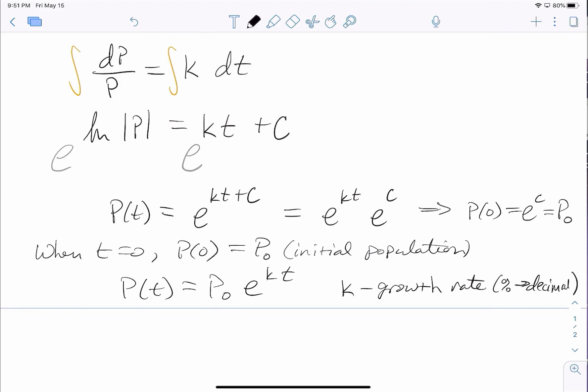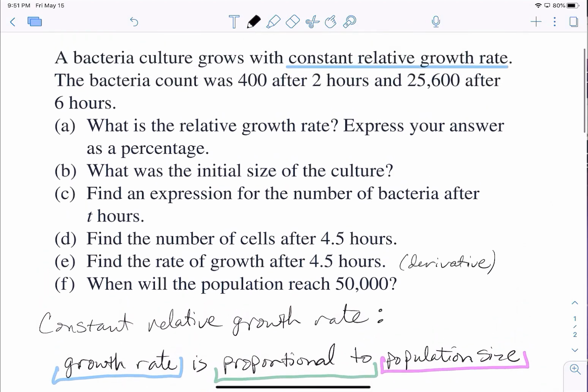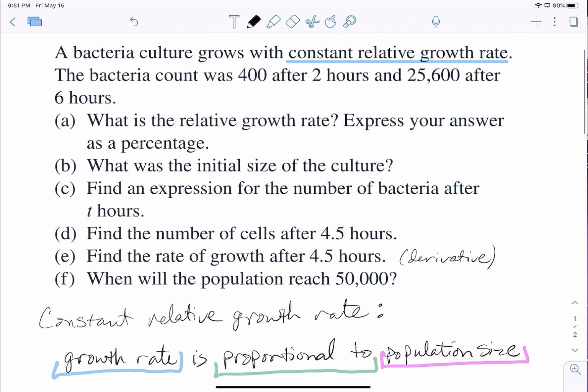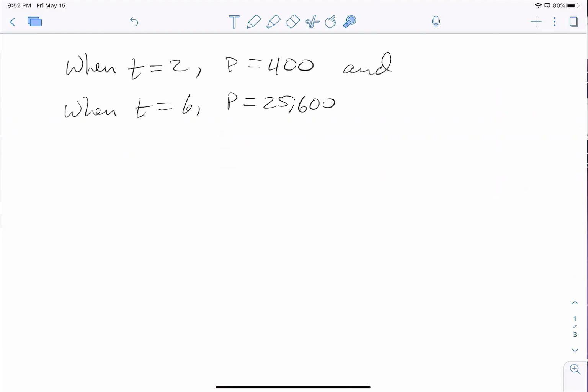So looking through this lens, we'll now go back to the information that was given to us in the exercise. The bacteria count was 400 after 2 hours and 25,600 after 6 hours. So we can express that as when t is 2, population is 400. When t is 6, population is 25,600.